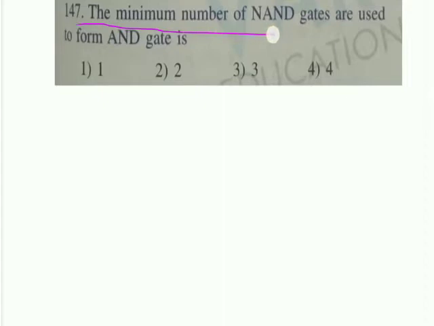The minimum number of NAND gates used to form an AND gate is... So this one is a NAND gate.